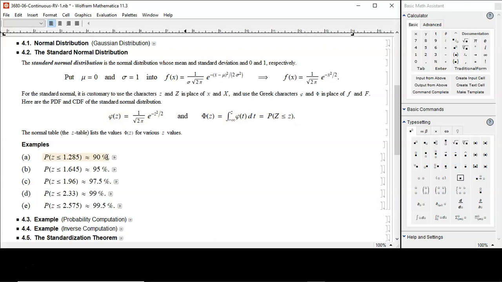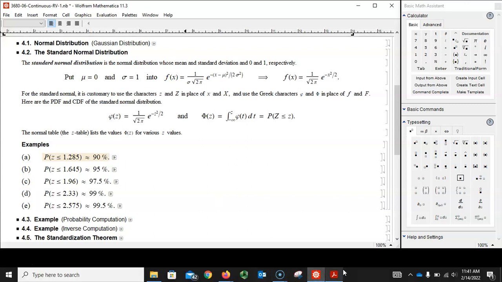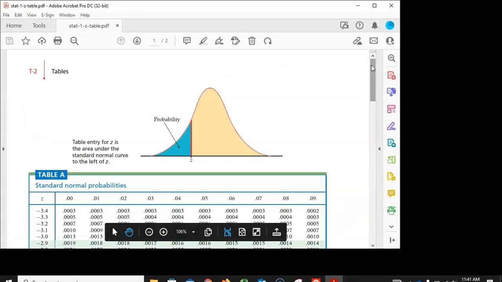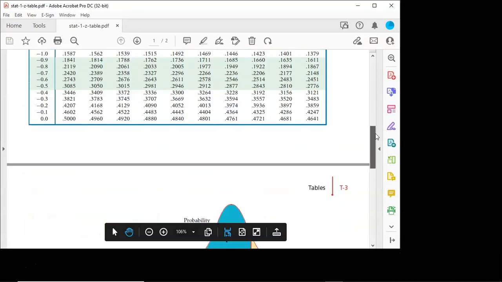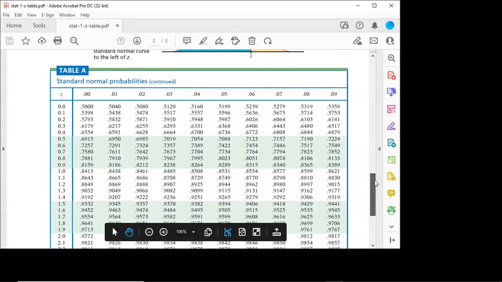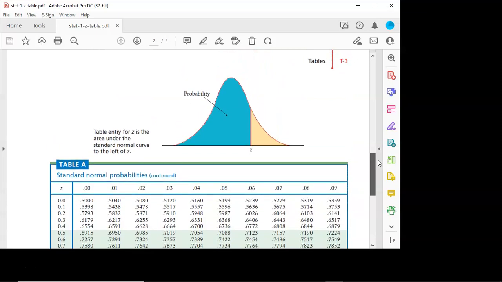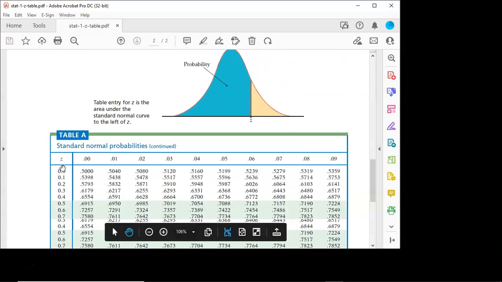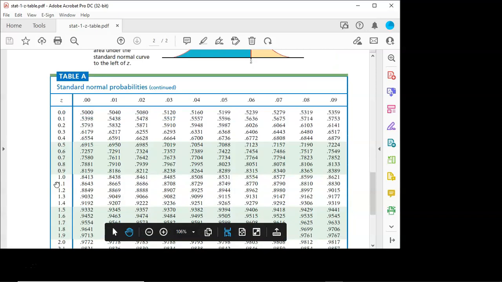Here's an example. Probability that z is less than or equal to 1.285 is about 90%. Let's check that. Let's go to that normal table. 1.285. So let's go to here up to first decimal digit. You can find it from the first column. So 1.2 is here.